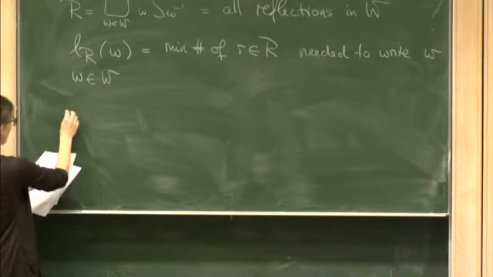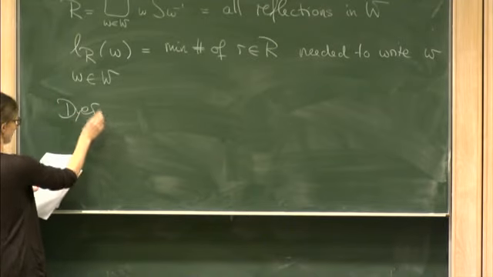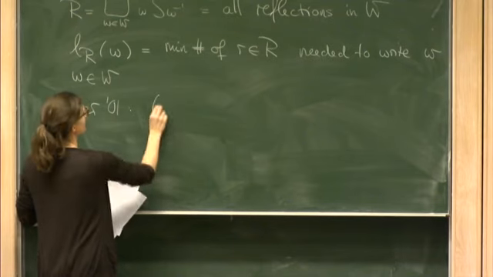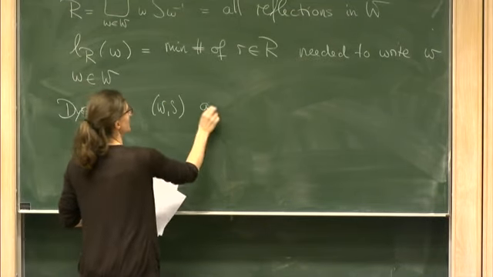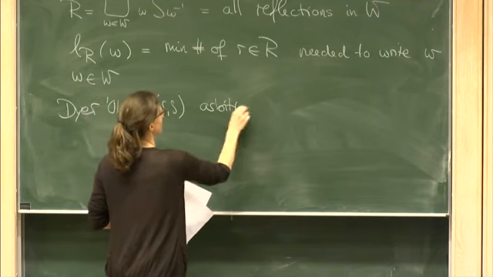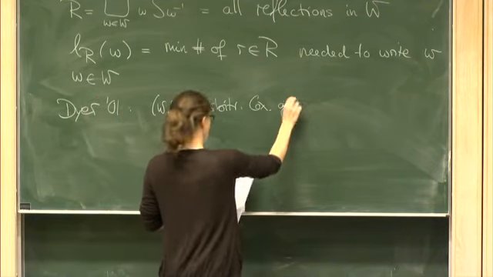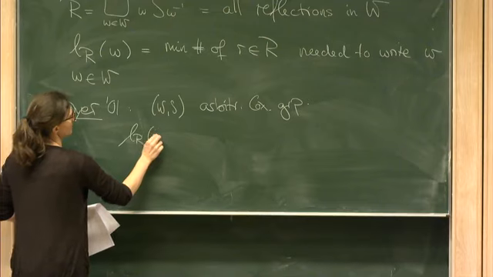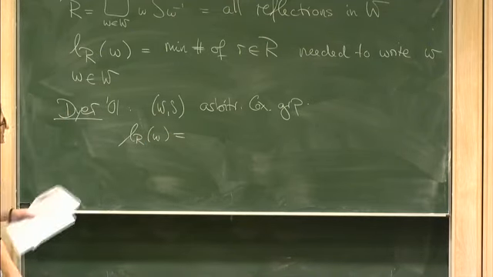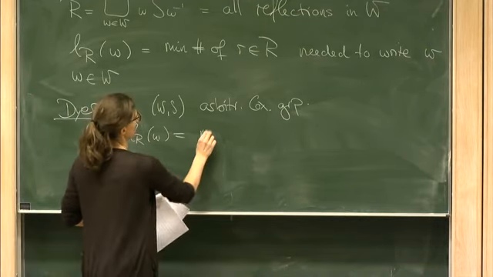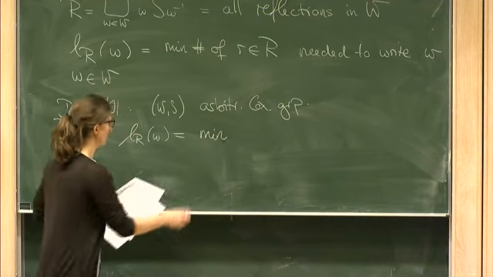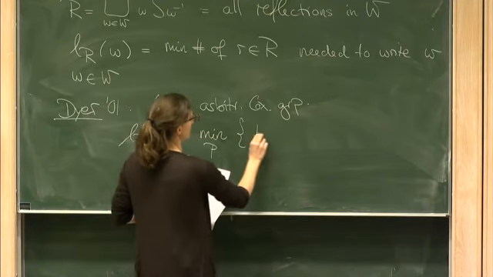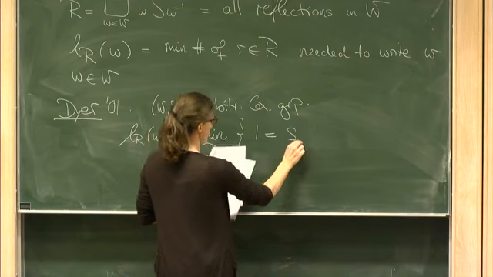So, okay, let me state a general theorem by Dyer. I think it's from 2001. So here, (W, S) is an arbitrary Coxeter group. Then you can rewrite this reflection length in the following way. You take a minimum over an index P, where the following happens.